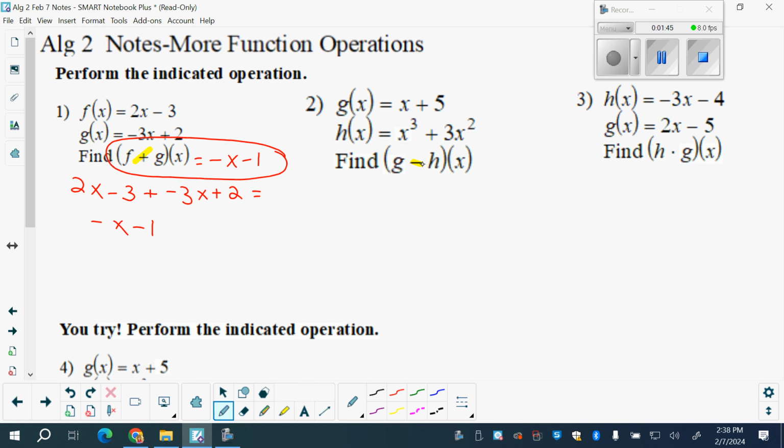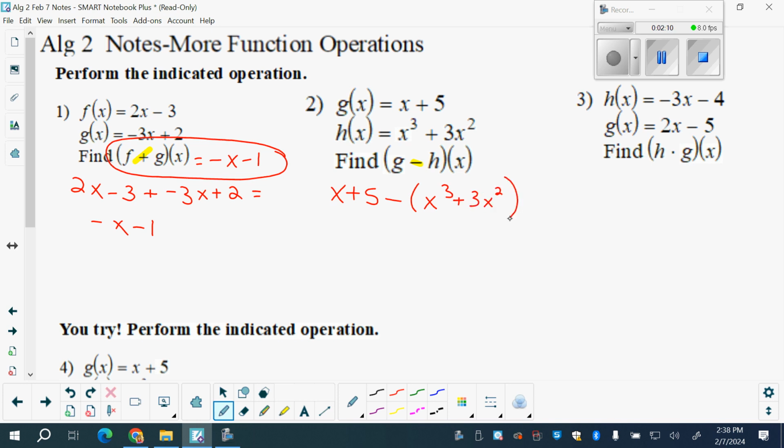So does it matter what order we put them in subtraction? Does like 8 minus 3 give you the same answer as 3 minus 8? No. So we need to make sure the order is correct. So we have to put the g first. X plus 5 minus the x to the third plus 3x squared.